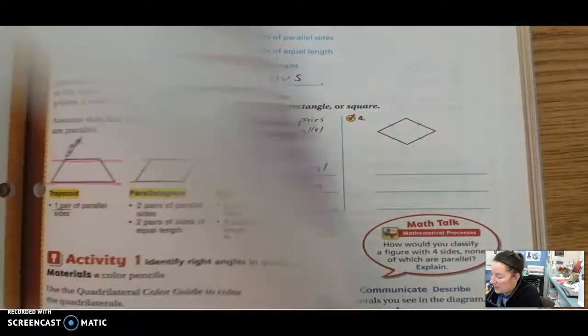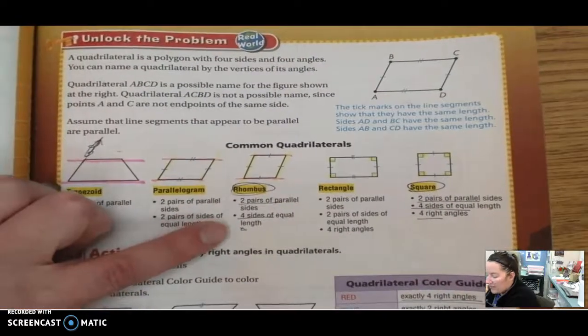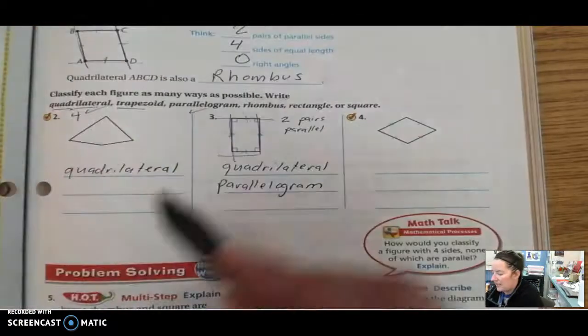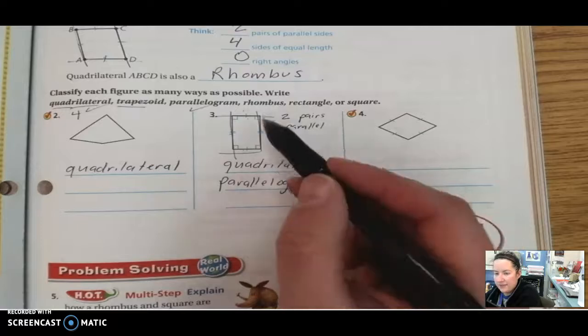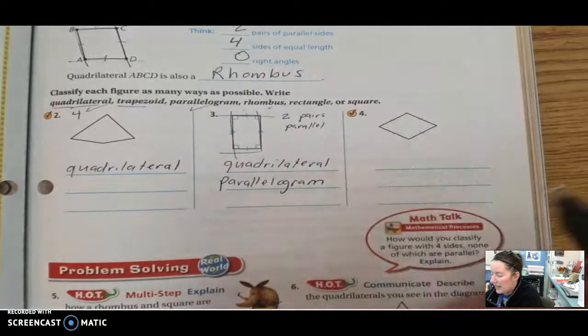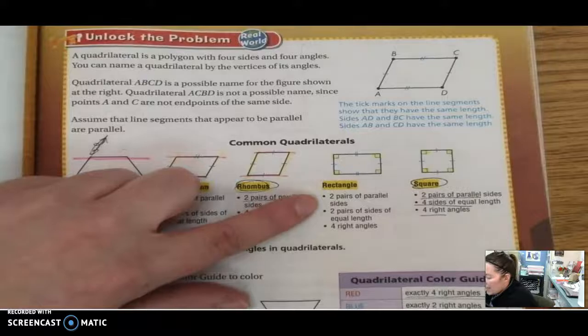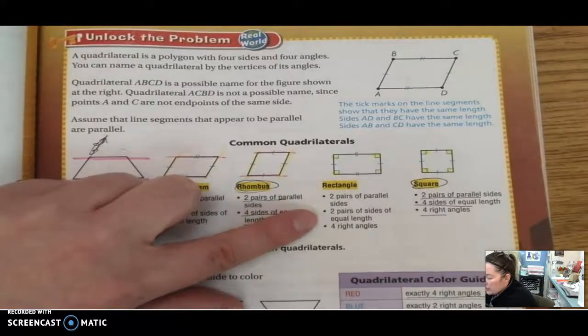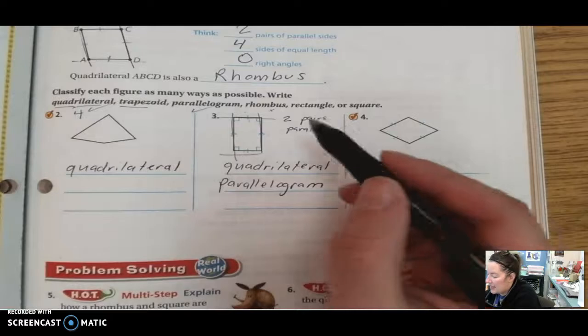Is it a rhombus? A rhombus has to have 4 equal sides. Does this one have 4 equal sides? No, so it can't be a rhombus. Is this a rectangle? A rectangle has 2 pairs of parallel sides, 2 pairs of sides of equal length, and 4 right angles. It does have that.